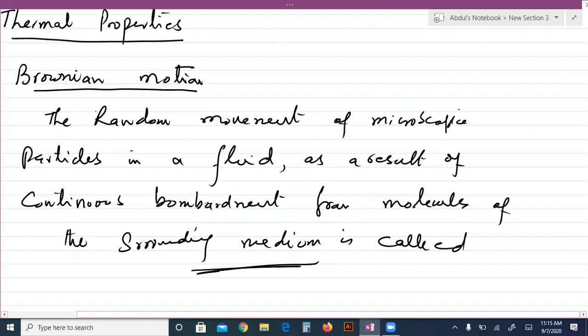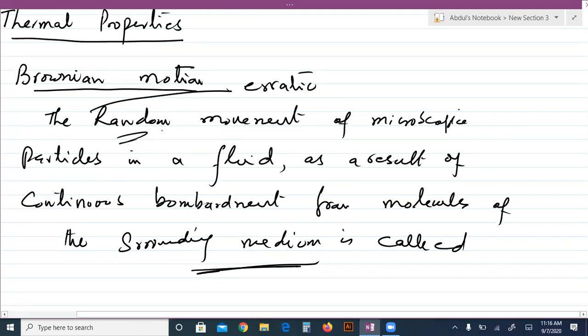So we can also add here the erratic random movement of microscopic particles in a fluid, meaning gas or liquid, as a result of the continuous bombardment from the molecules of the surrounding medium is called Brownian motion.